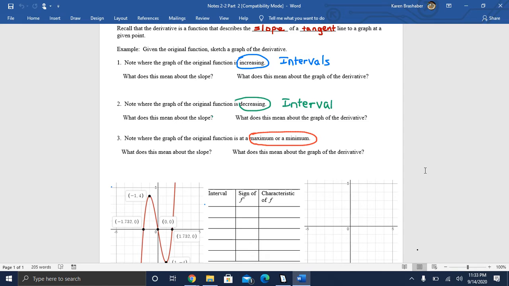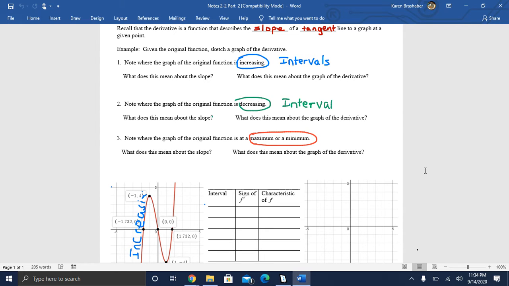So the first thing that you should note is, where is this original function increasing? And I'd like for you to determine the intervals. So by increasing, I mean where is this graph going up as you look at it from left to right.